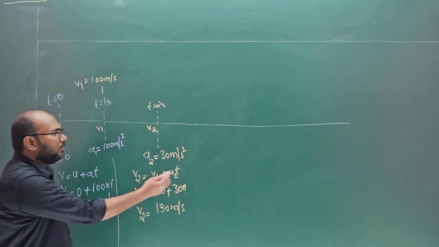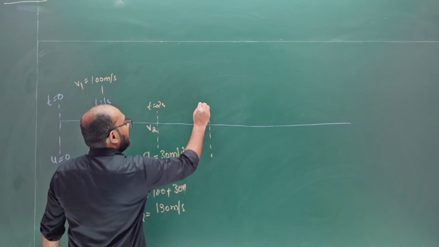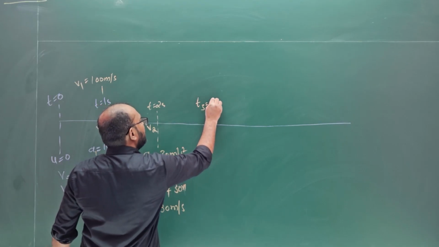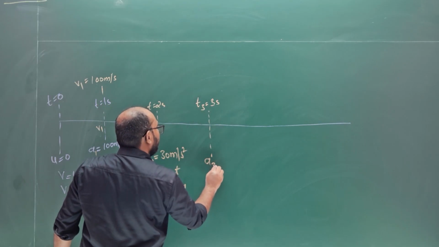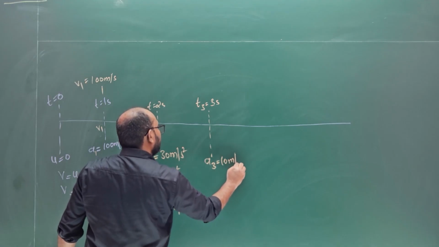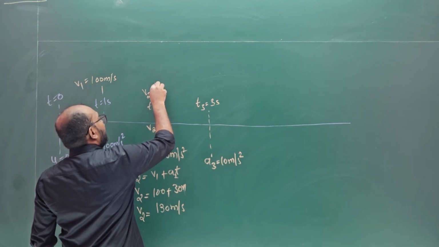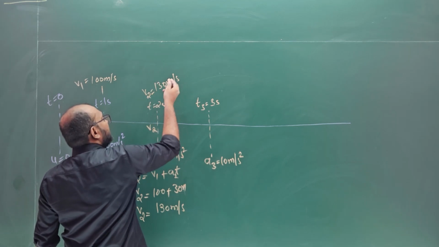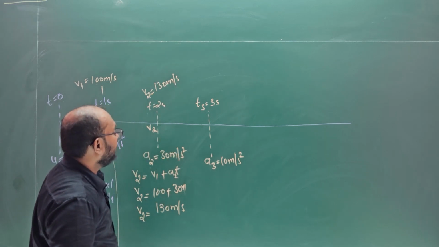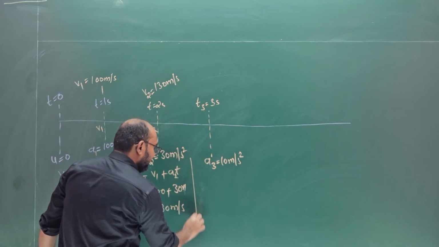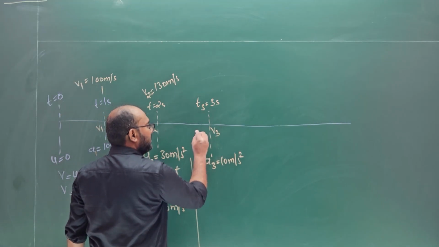Did you observe something? Nothing? Okay. One more. Let's say t3 is equals to 3 seconds, and at this point acceleration we got 10 meter per square second. Then can I say that at this point velocity is 130. Let us find this one now. So let's say this is your v3 velocity.